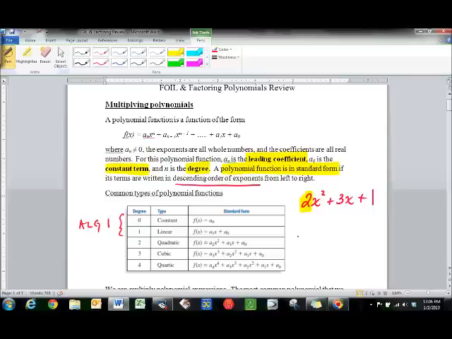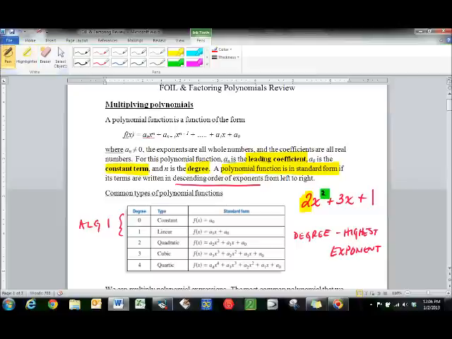So remember, the degree is the highest exponent. And when we are finding the degree, if it's written in standard form correctly, it should be the initial exponent all the way to the left.